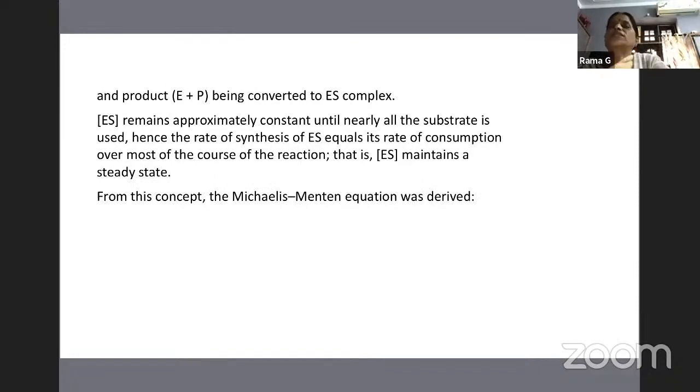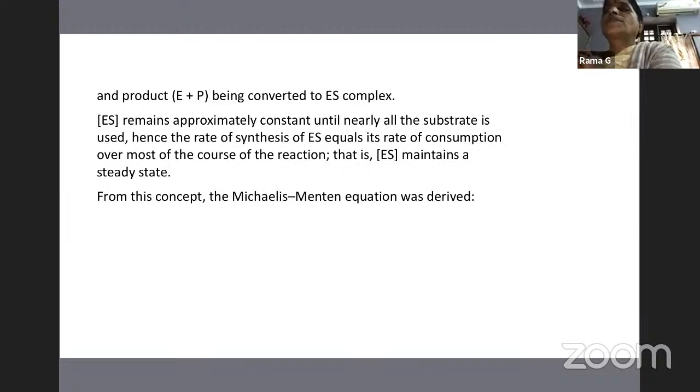Then ES remains approximately constant until nearly all the substrate is used. Here, the enzyme-substrate complex remains constant until nearly all the substrate molecules are used. Hence, the rate of synthesis of ES equals the rate of consumption over most of the course of the reaction. That is, ES maintains a steady state.